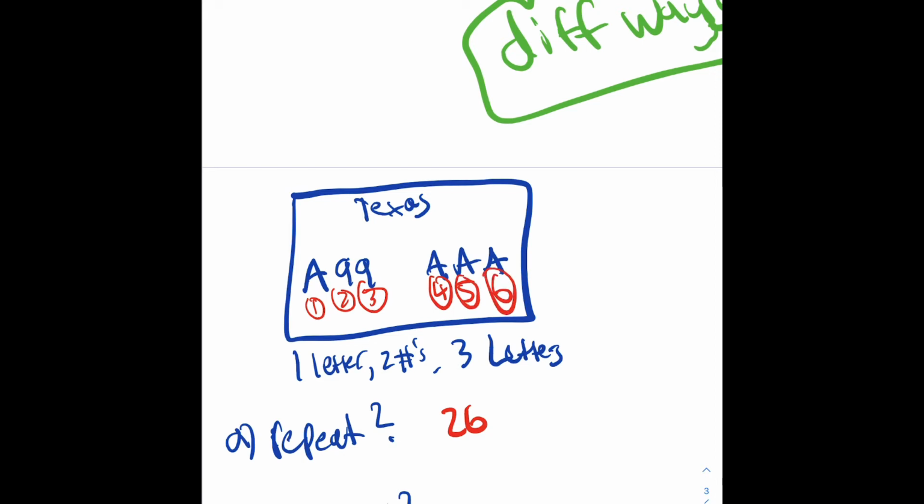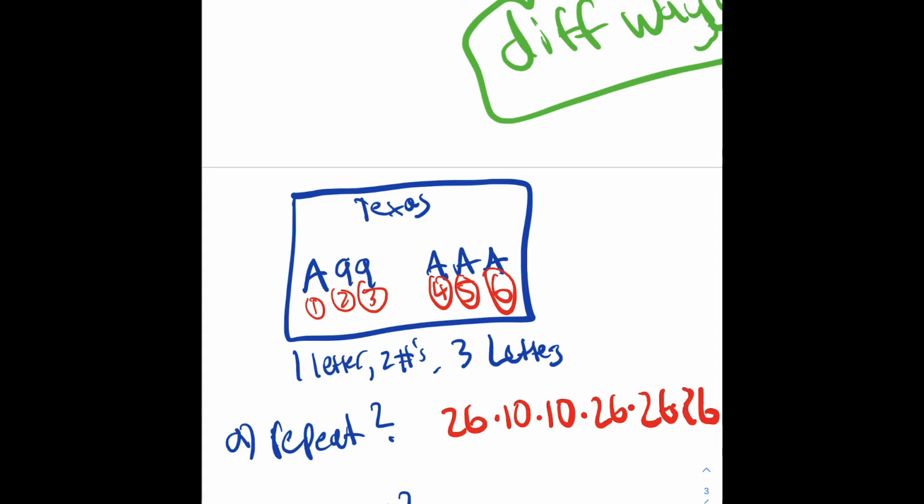Then I know that there are 10 choices for a digit: 0, 1, 2, 3, 4, 5, 6, 7, 8, 9. Because I can repeat, I'm going to choose 10 again, and I'm going to keep doing that because repetition is okay for part A. I still have 26 choices for the letters.